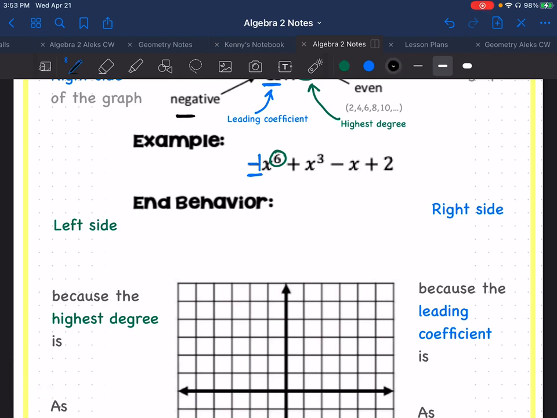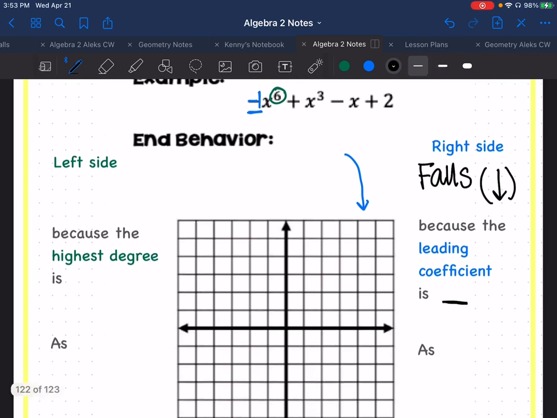When the leading coefficient is negative, the right side is going to fall. So it falls, which means it's going to go down. Kind of makes sense, right? We talked about it positive, it was rising, rising, rising. So of course, when it's negative, it has to fall. This is because my leading coefficient is negative. And I just want to remind you that that minus sign is for it being negative.